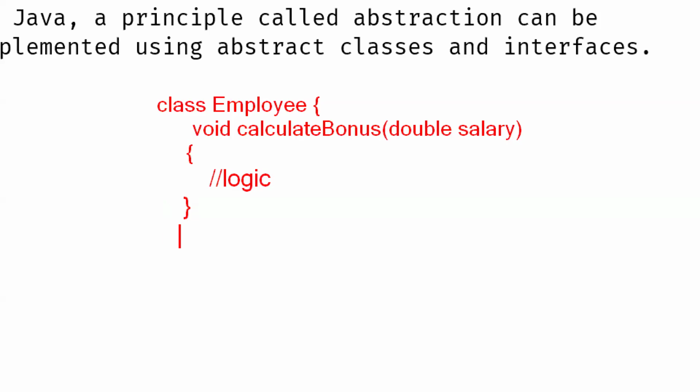Am I clear with you? Next, see here. Void calculateSalary, with a semicolon. Why am I keeping a semicolon? Because bonus calculation is based on salary, that's it. It doesn't matter whether you're a full-time employee or a part-time employee.